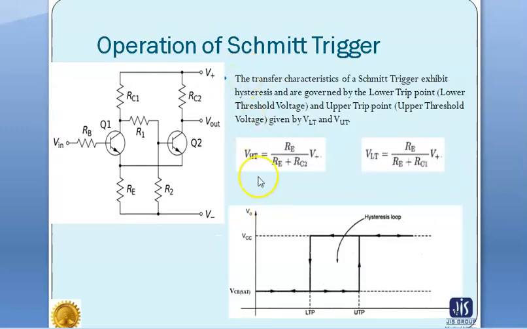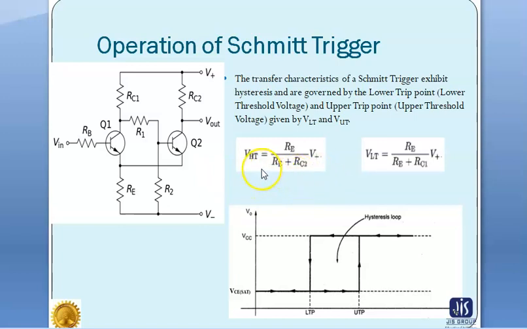Now, if we plot the input and output voltage change graphically, then we will get two threshold points, that is lower threshold voltage and upper threshold voltage, also known as lower trip point and upper trip point. Here the base to emitter voltage drop, that is 0.7, is ignored.